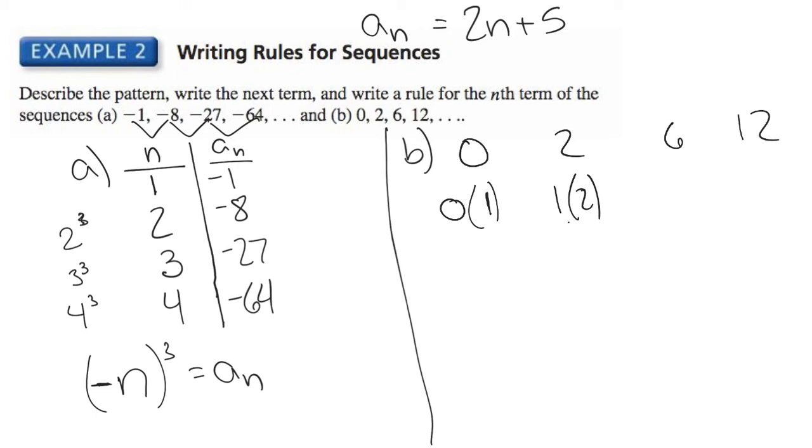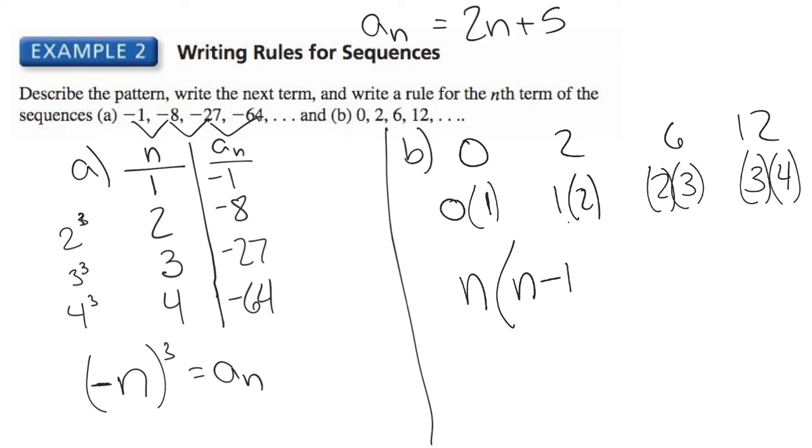Now, 6 is my third term, and prior to my third term is my second term. And 12 is my fourth term, and what's prior to my fourth term? My third term. So what I'm actually looking at is the term that I'm on times the term that was before it.